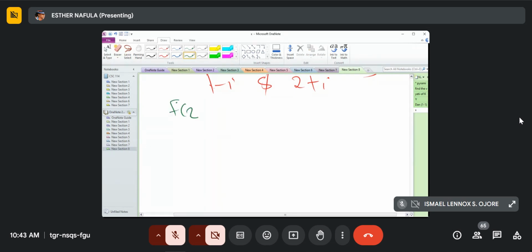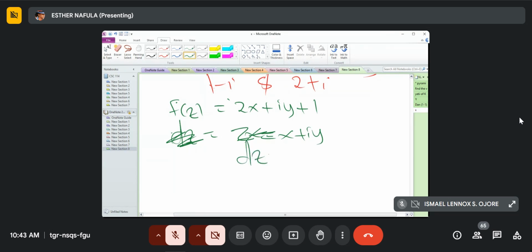Our f of z is 2x plus iy plus 1. dz is obviously, if z is x plus iy, then dz is dx plus i dy. So in place of dz, we will have dx plus i dy.